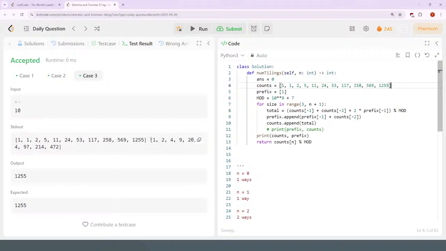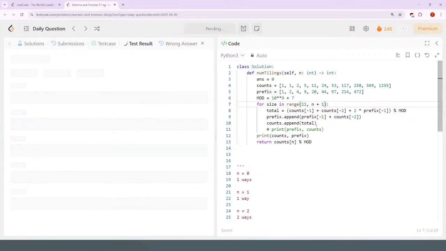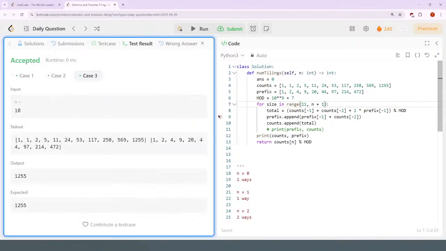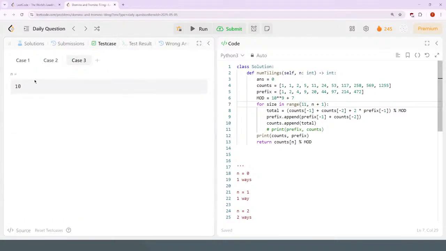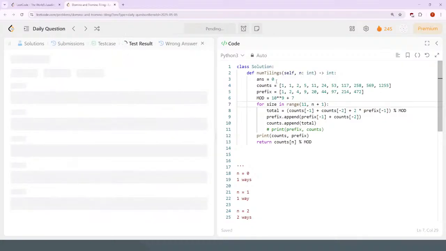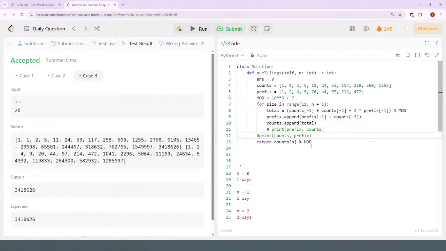I'm going to use this set for my prefix. Hopefully it's going to be smaller. Good. I'm going to say this is 11. Let's try a test case where it's a 20. Okay. Think.